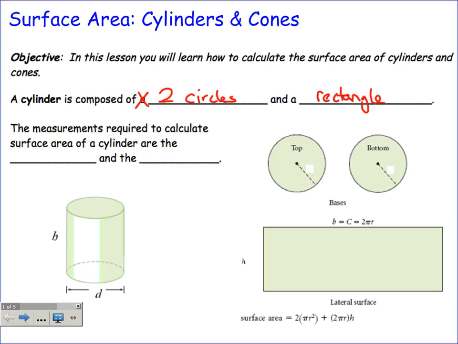That's how we find the surface area. What measurements do you need in order to calculate the area of a circle? It's pi r squared, so all we really need is the radius.